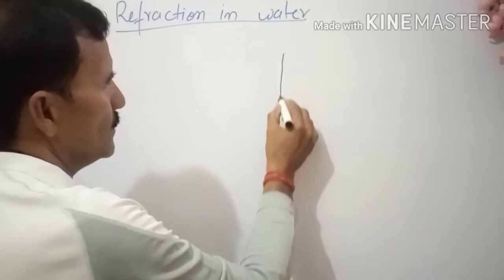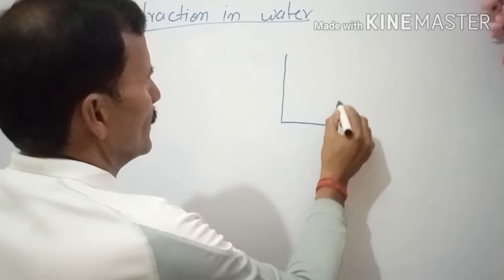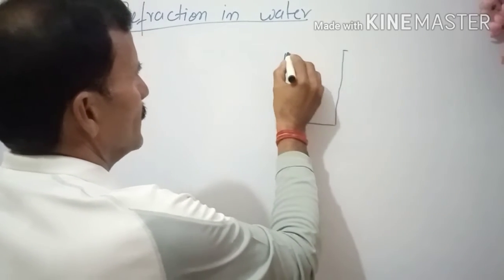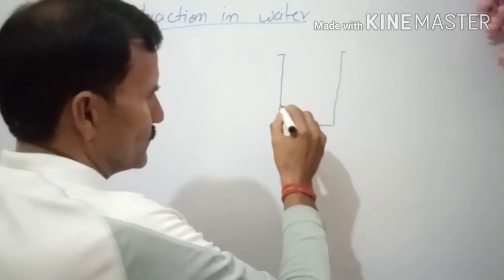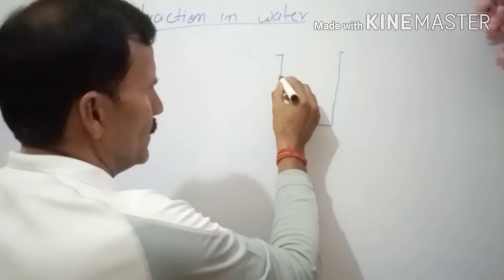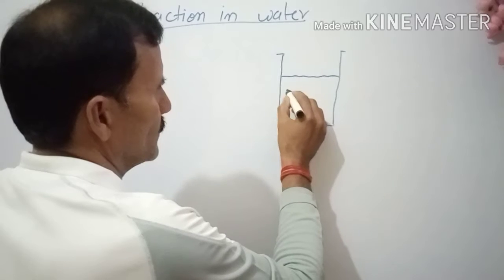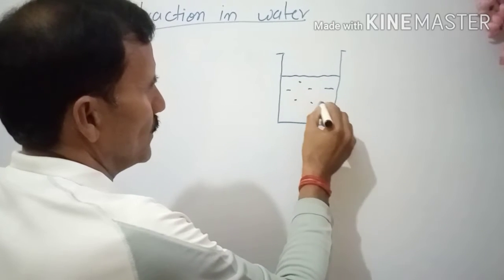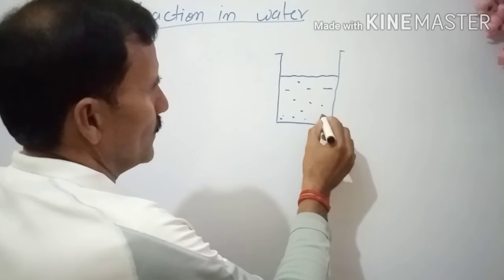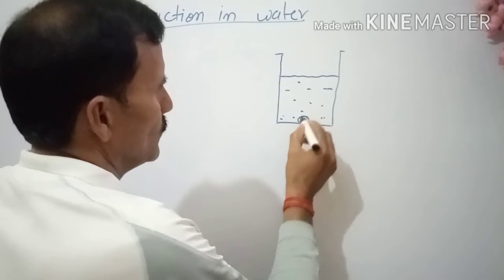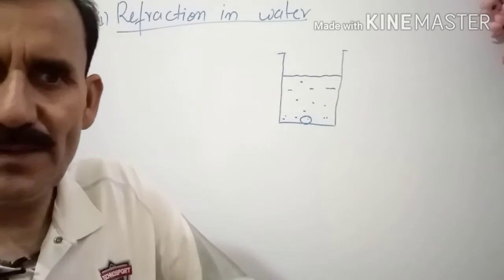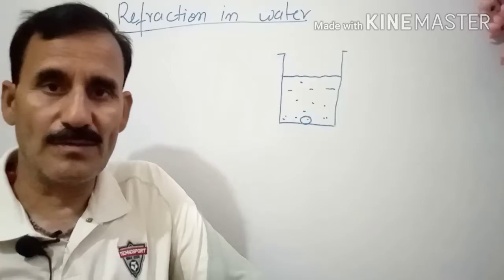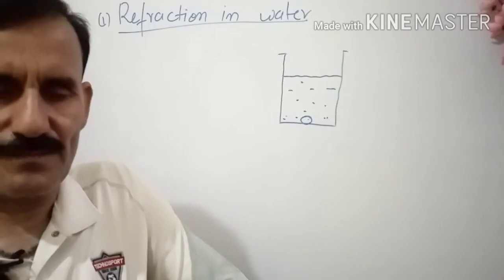Suppose there is a beaker or any transparent glass, so that light can enter, filled with water. Suppose a coin is put here. What you see is always because of reflection.